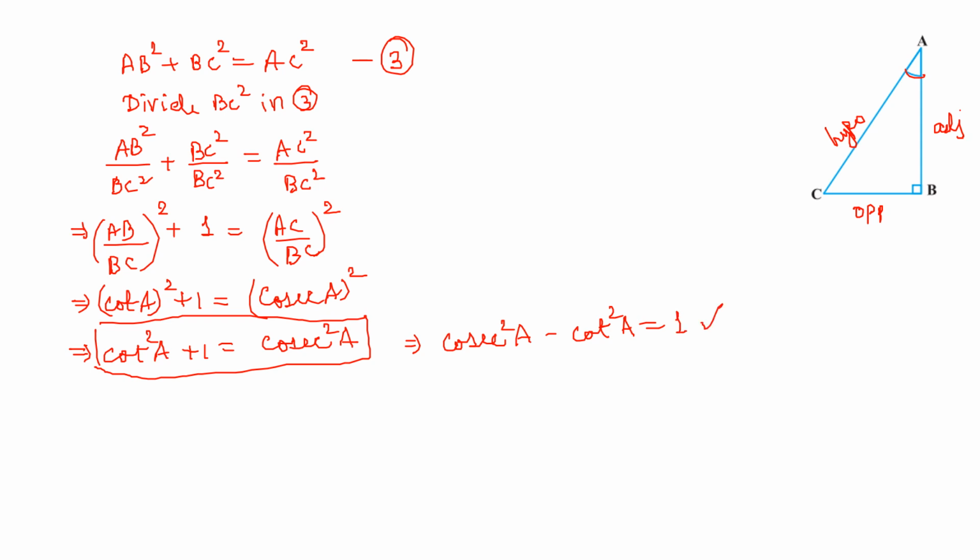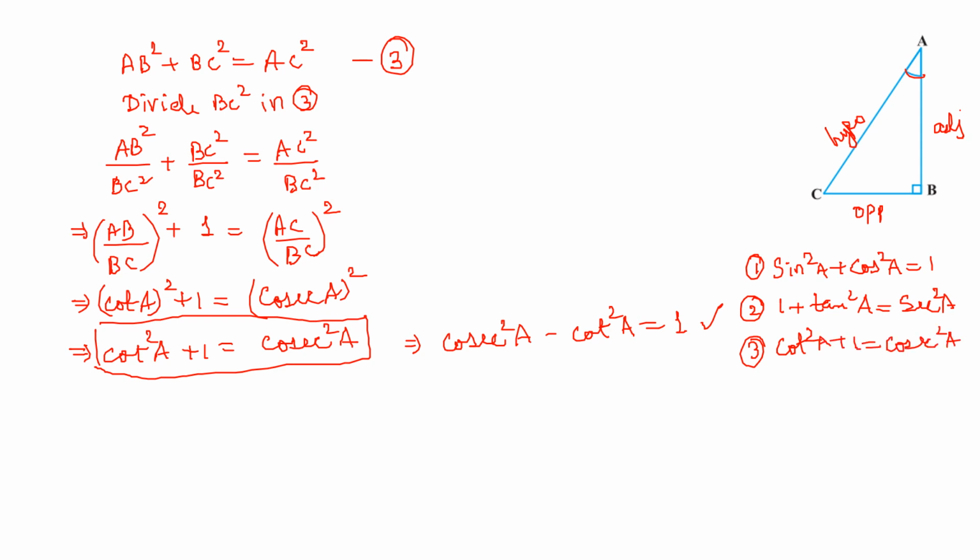Okay, so we have seen three identities. The first identity was sine square A plus cos square A is equal to 1. Second, we have seen 1 plus tan square A is equal to sec square A. And the third one is cot square A plus 1 is equal to cosec square A. So these three identities you have to always remember.